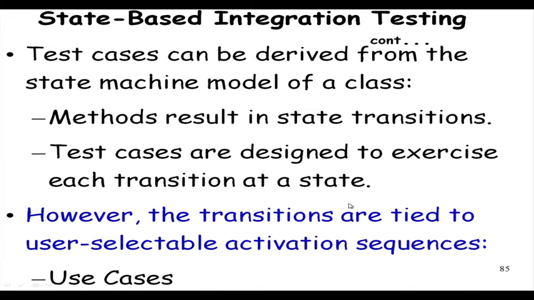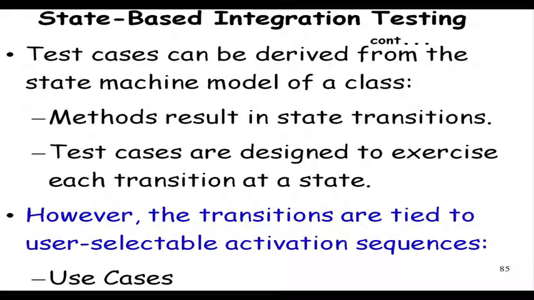But then, if we have multiple classes to be tested, each one has its own state, how do we make each class assume different possible combinations of states? That is a very difficult problem, because we are no longer invoking methods on one class individually; we are invoking a use case.